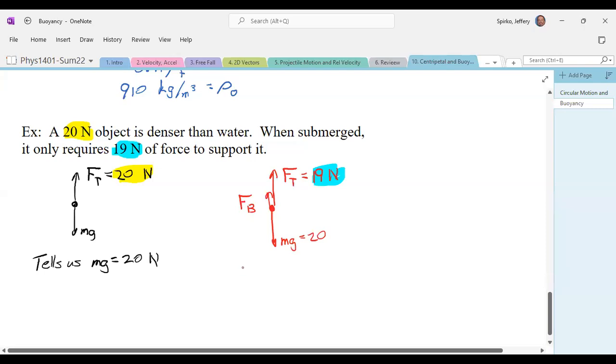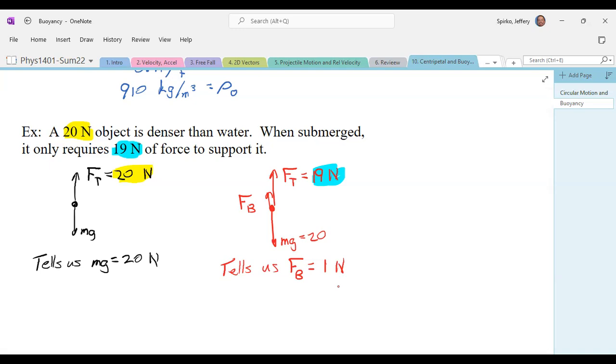And that allows us to determine that the force of buoyancy is equal to how much? 1 Newton. I could build Newton's second law and plug in and show how I solve, but I think it's fairly clear what's going on here: the 19 newtons needs some extra up force to cause balance, and the difference is 1 Newton, so that has to be 1 Newton. I chose easy numbers to make it easy.